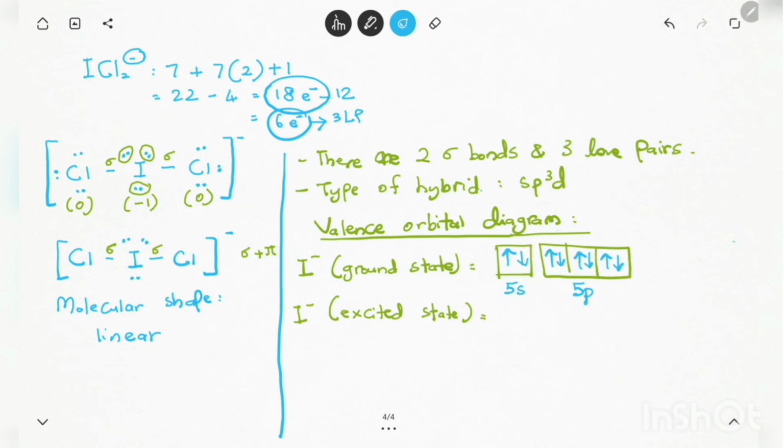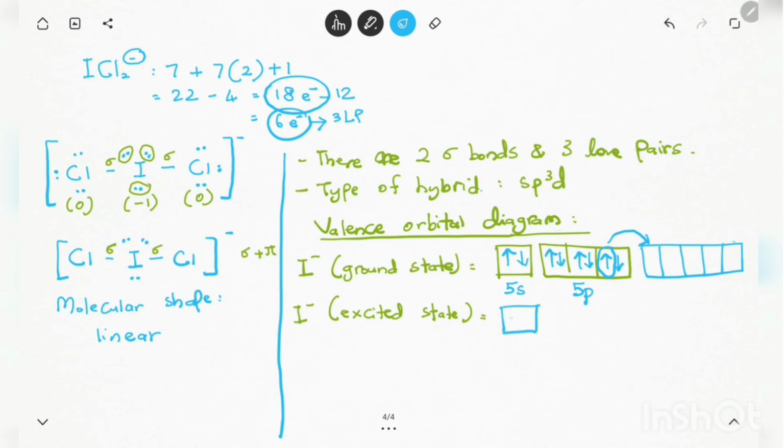We excite 1 electron from 5p to the 5d orbital, because we want to prepare 2 unpaired electrons for overlapping in ICl2 minus.